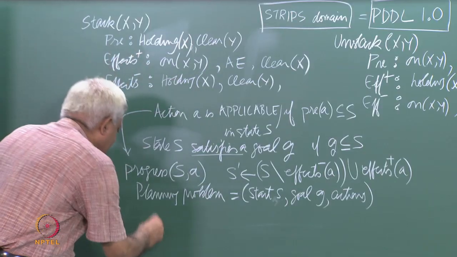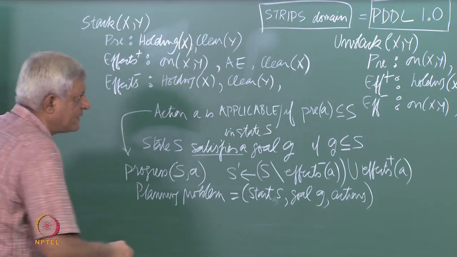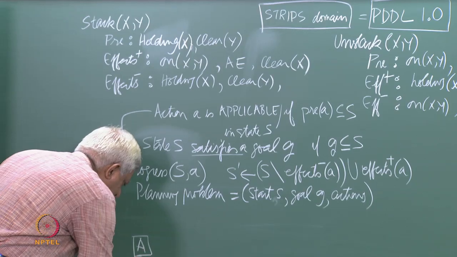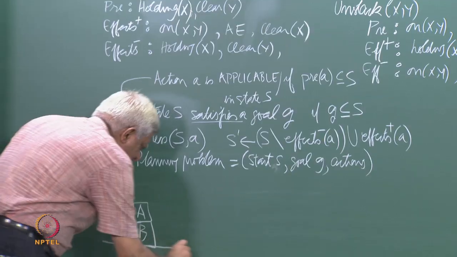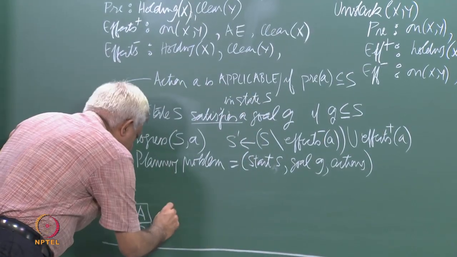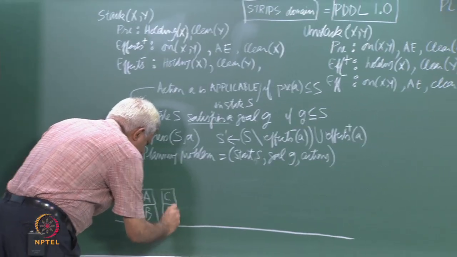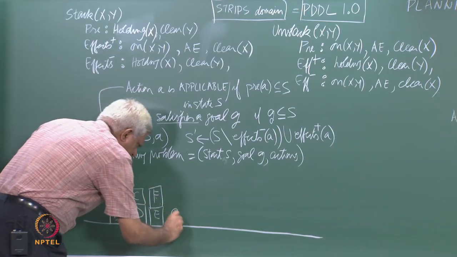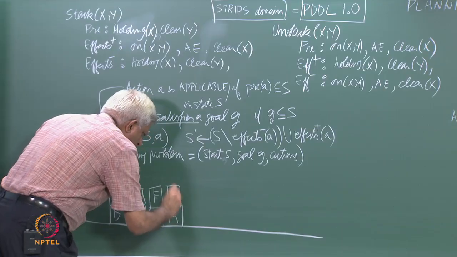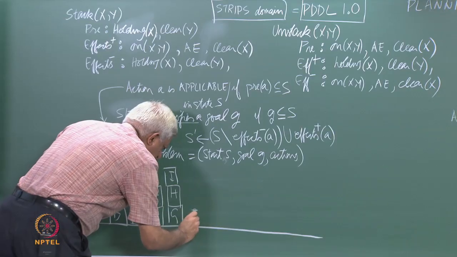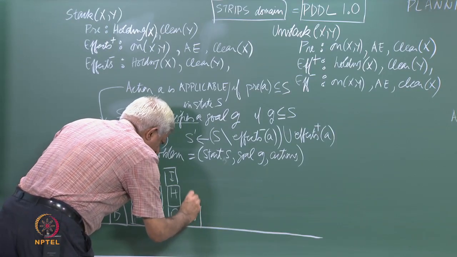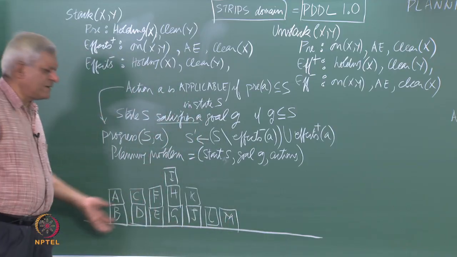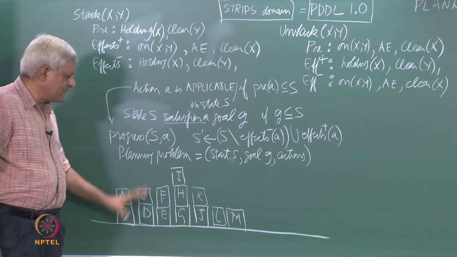So, let us assume that we have some simple domain. So, we want that A, B and D. So, let us say our given start state is the following: A is on B. So, let us say this is on the table, and let us say C is on D, and then E is on the table, F is on the table, so some arbitrary start state I have given.